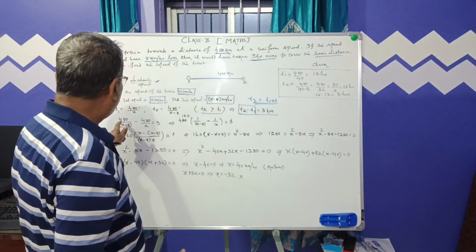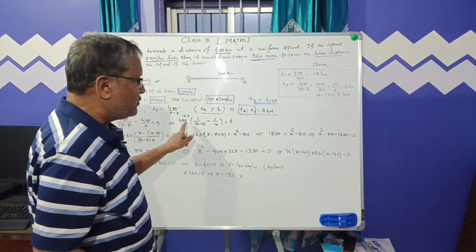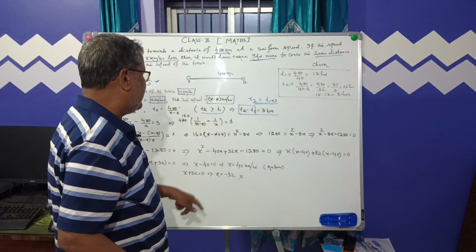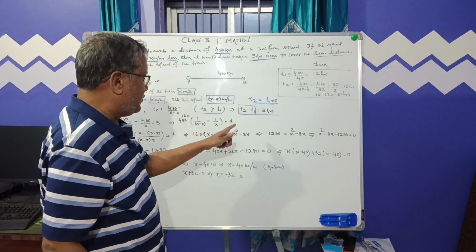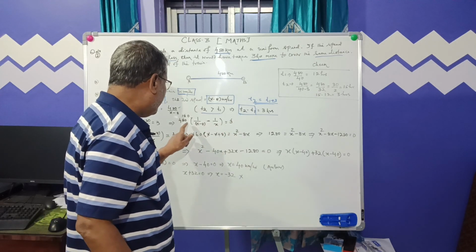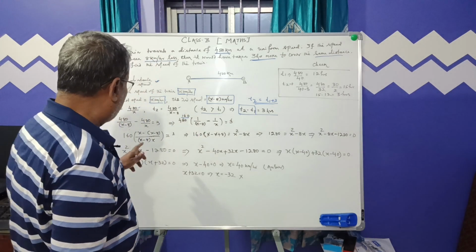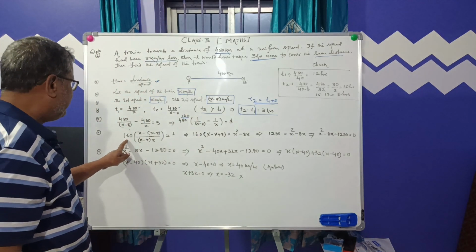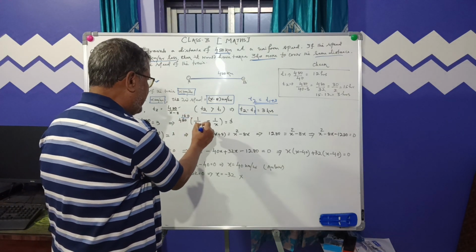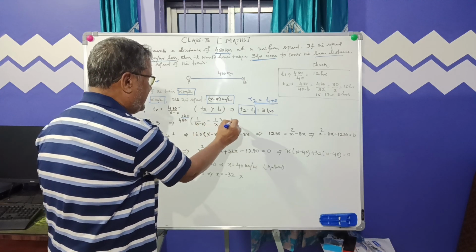Here we take 480 common, so that we get 480 into 1 by x minus 8 minus 1 by x is equal to 3. So we can divide 3 by this. 3 divides 480, so that will be 160. So now you see, 160 into 1 by x minus 8 minus 1 by x is equal to 1.